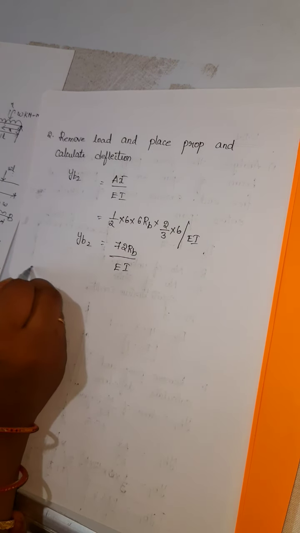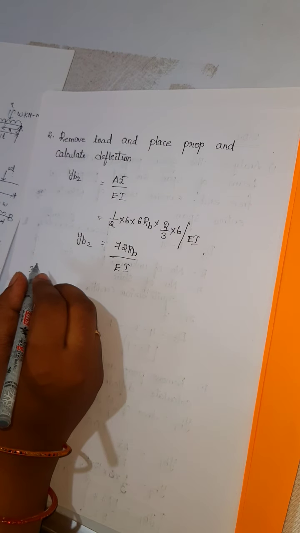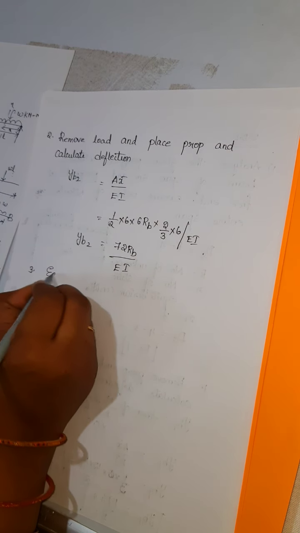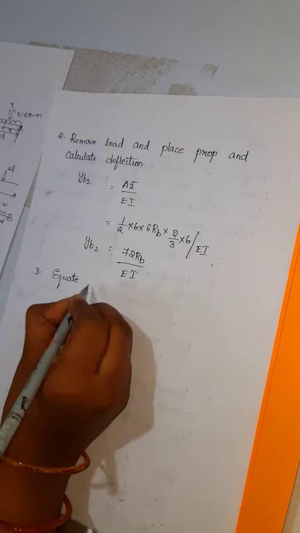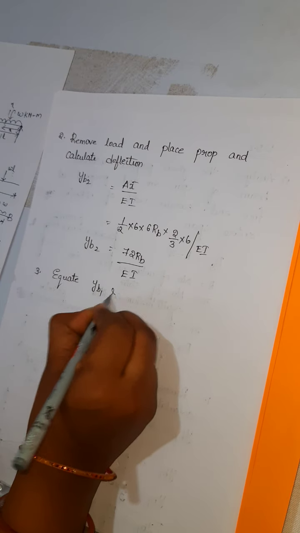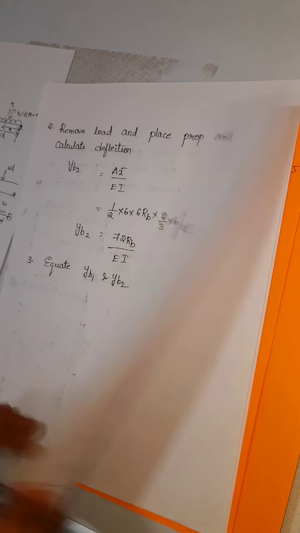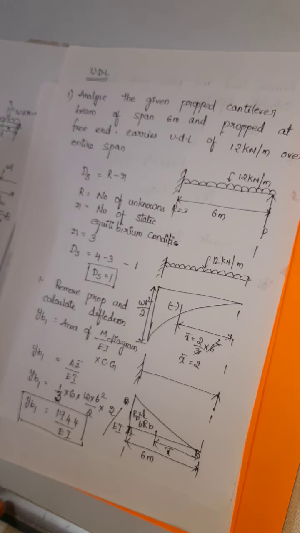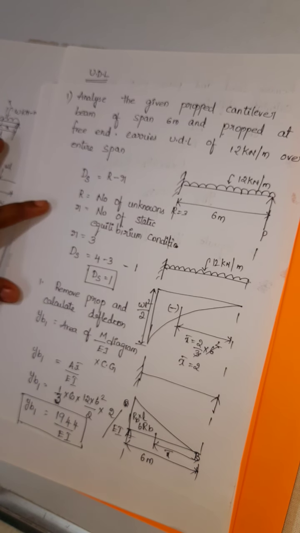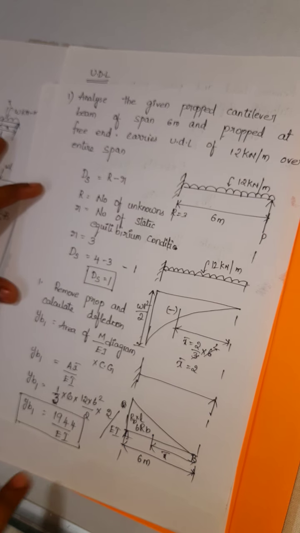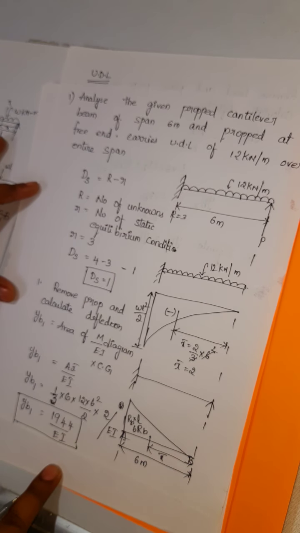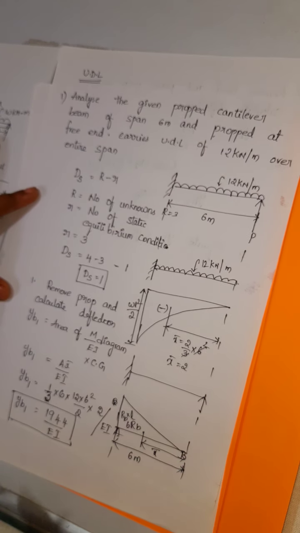So what is the third step? Equate YB1 and YB2. How much did I get for YB1? I got YB1 value as 1944 divided by EI.